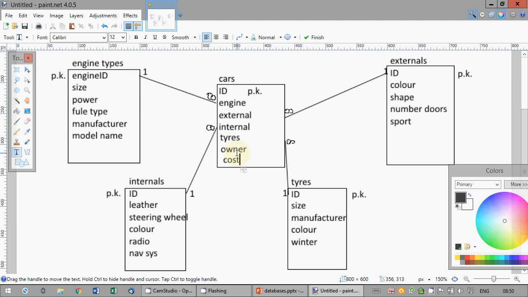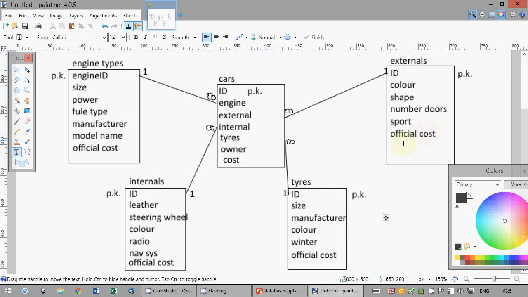However, if I were going to build this kind of database with the cost here, and maybe here an official cost, so if you are submitting this database to me, please, in this way, you must write a note here indicating that the field cost here in table cars is inserted because very often the cost of the car is not the sum of the official costs, but it's subject to a heavy discount.